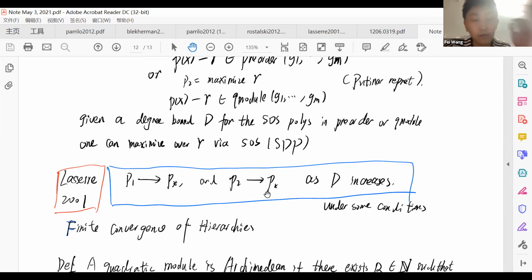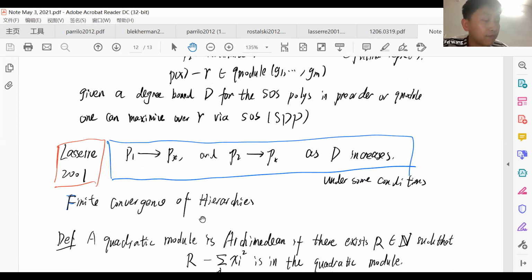So to study this kind of problem, we want to study the finite convergence of hierarchies.